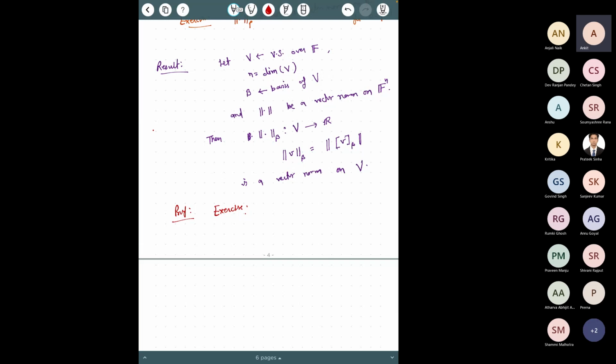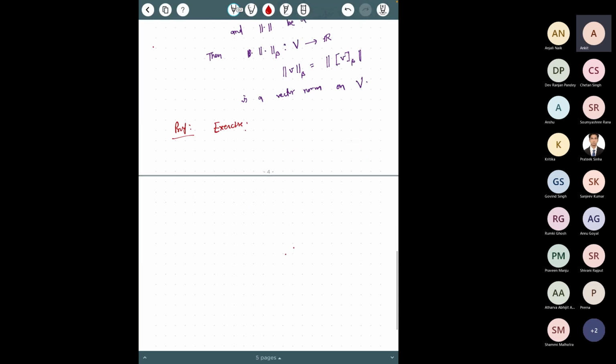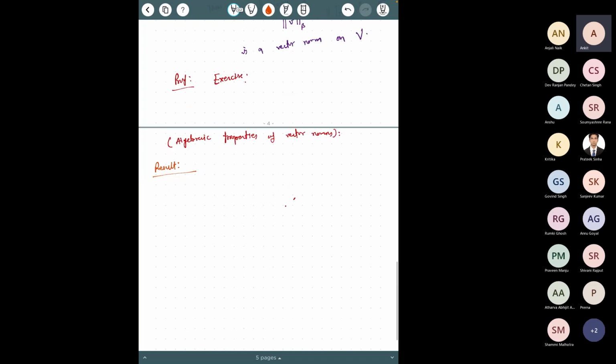And I will define it in a general way. So let us look at the algebraic properties of vector norms. First state the result, and then we will understand what this result says.